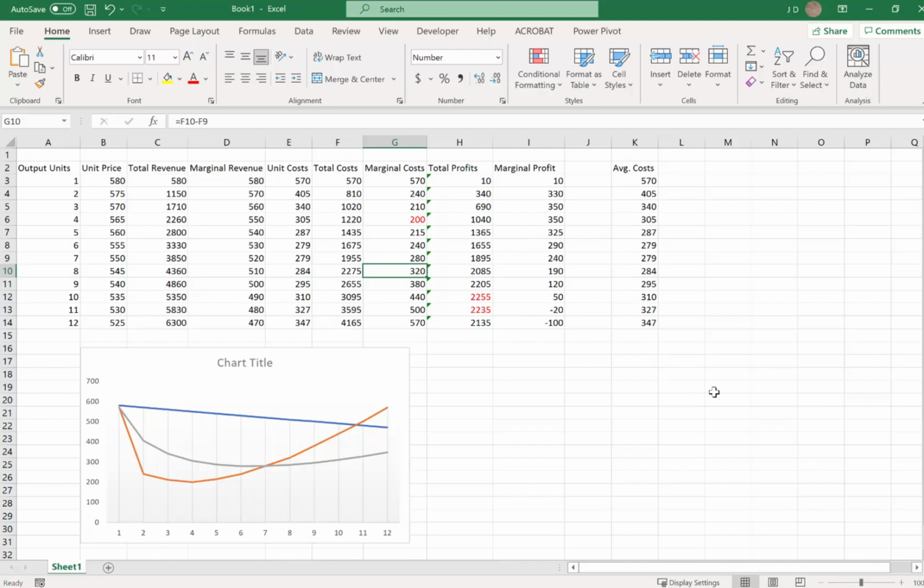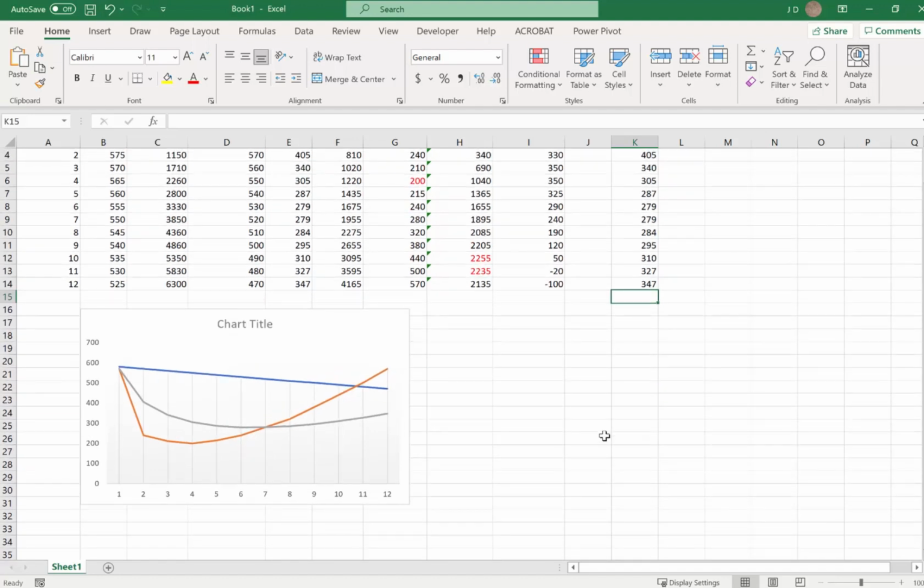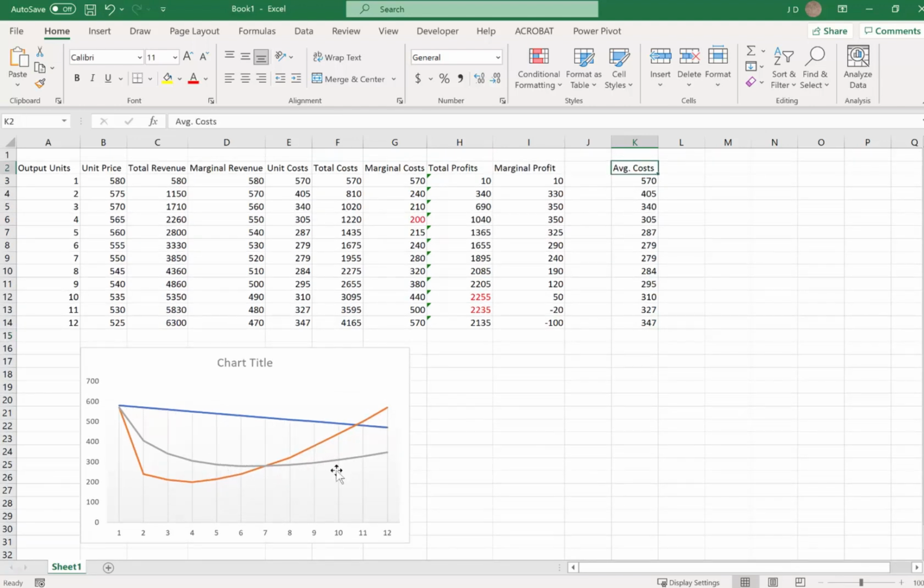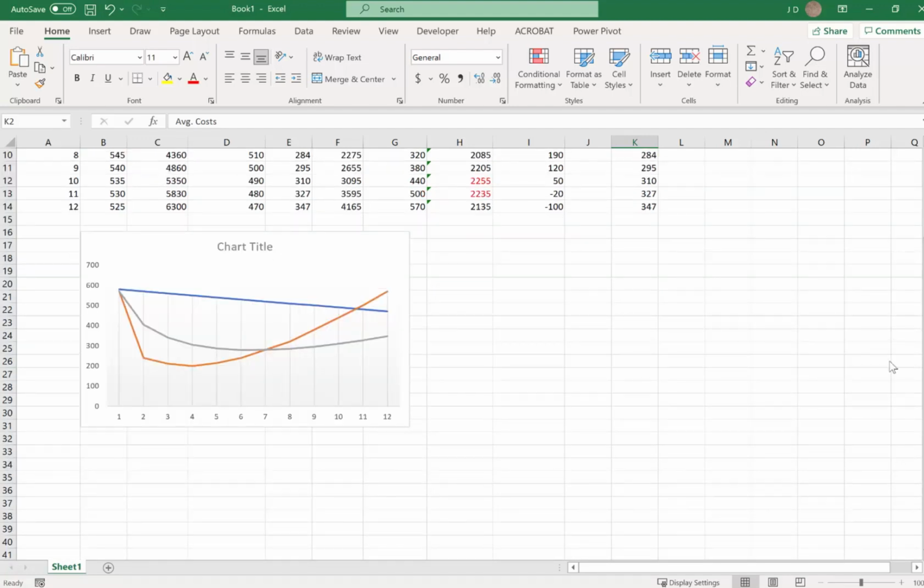I'm sorry, this is actually your average total cost. Sometimes, if you deal with a function of variable cost and fixed cost, the average variable cost also intersects with the marginal cost at its lowest point, just like your average total cost curve here, this gray line. That's in the short run.